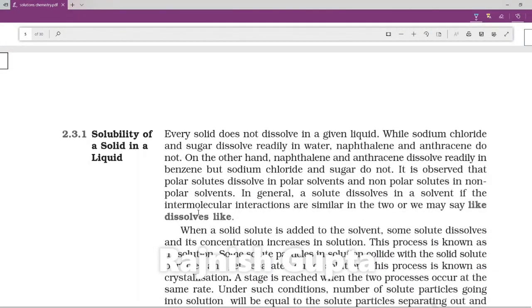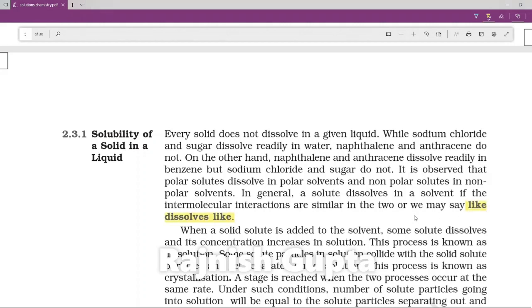For example, here it is given that every solid does not dissolve in a given liquid. Obviously that is the fact, and the most important line here is like dissolves like.